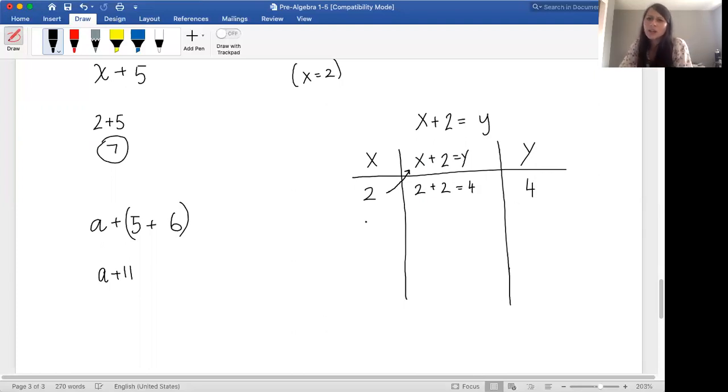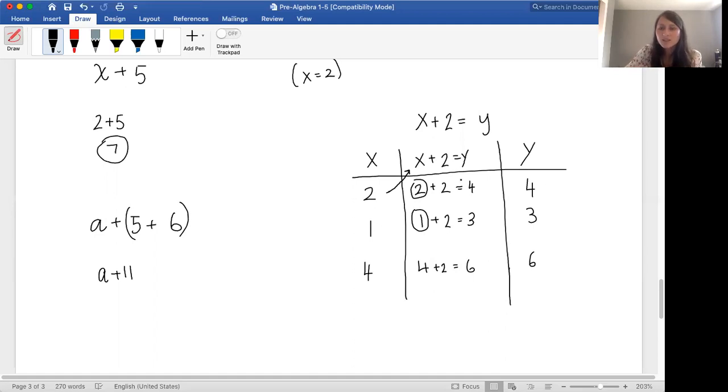If I come up with a number for x that's 1, and I plug that into where x is, I do 1 plus 2, that equals 3. So the only thing that's changing is this x value, right? And then my y would be 3. That's my answer. Let's try 4. So 4 plus 2 would be 6. My answer would be 6. So here's the cool thing. What you basically did is you made ordered pairs that were values in your equation.